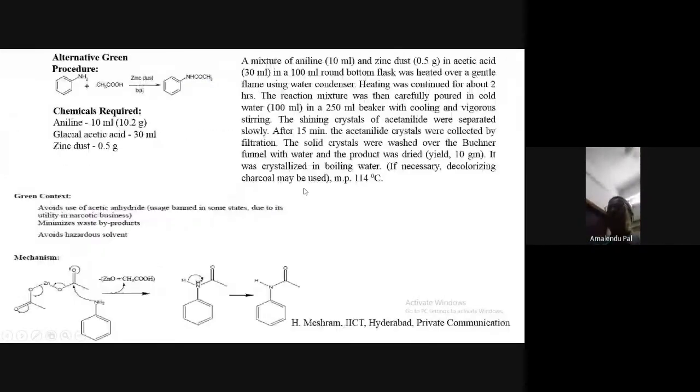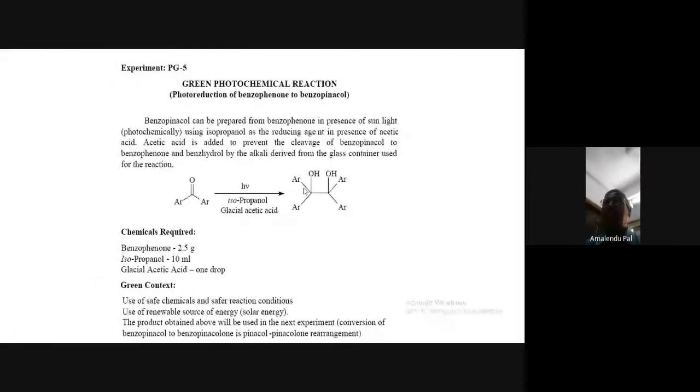Next is the photochemical reaction, which we can do at PG level. We have 5 PG level green chemistry experiments in the lab, but I am showing only one: benzopinacol, which we can prepare from benzophenone in the presence of sunlight, with isopropanol as a reducing agent in the presence of acetic acid. We use the acetic acid to prevent cleavage of the benzopinacol; if it cleaves, it will revert to benzophenone.